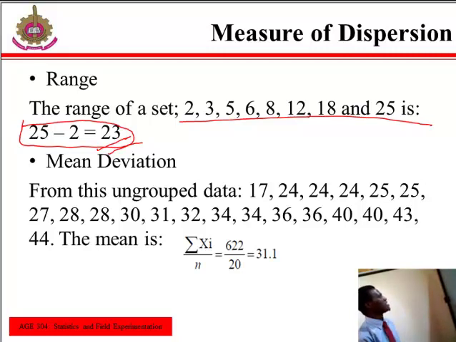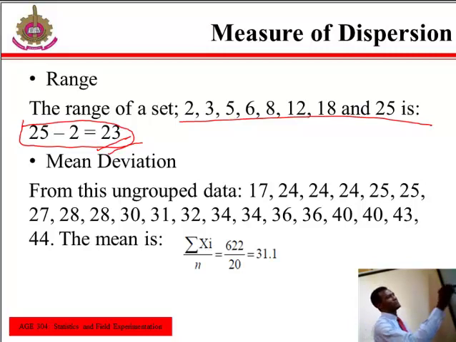Now, mean deviation. Considering this given data on the board, the mean can be calculated by making use of the formula summation x all over n, where x is the value of individual observation and n is the total number of observations.